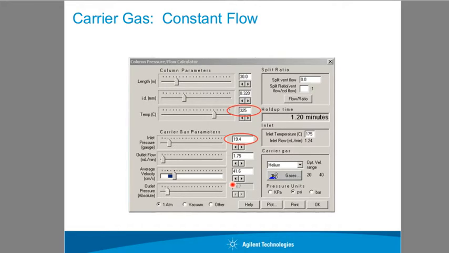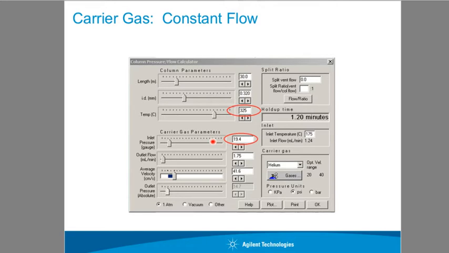If you have a lot of resolution between your late eluting compounds, maybe being in constant flow would be more beneficial in getting those out more quickly without losing resolution. Because typically with late eluting compounds, if you slow things down, your peaks may broaden out a little bit, and you could potentially lose resolution. So this may be something to consider as well.